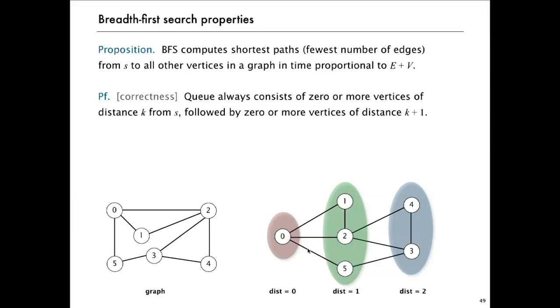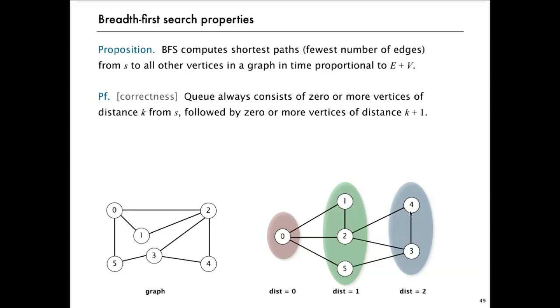We're going to have processed vertex 0. As soon as we get this one, we'll delete vertex 0 from the queue. And then when we're putting these adjacent ones on, we're adding the ones of distance 2. But we're not going to process any of those until we're done with the ones of distance 1 and so forth.